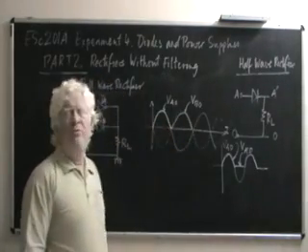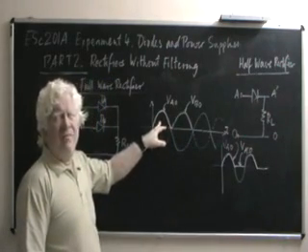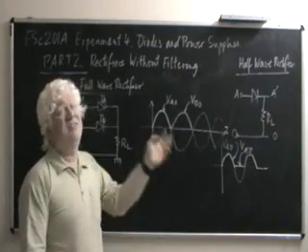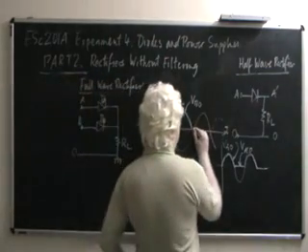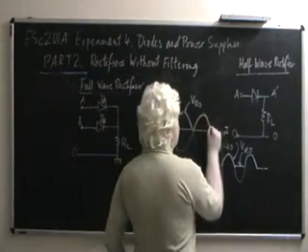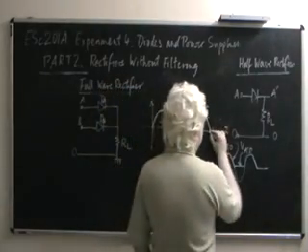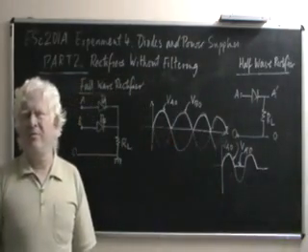Two identical lobes, one coming out of DA, the other coming out of DB. For subsequent cycles, the same thing repeats. So you would again get this contributed by DA and this contributed by DB, and so on.